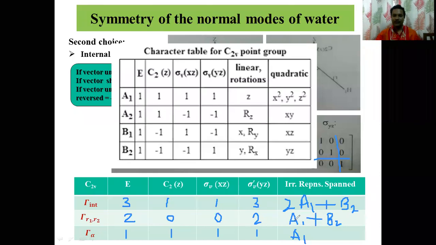One is totally symmetric A1, another is B2, and those normal modes involve R1 and R2 only, no alpha in there, right? So you can think about that: that must be the stretching, right? Now this stretching, of course, depends on whether they are in phase or out of phase. Depending on that, I'm going to get totally symmetric or B2. We'll see how we can do this.